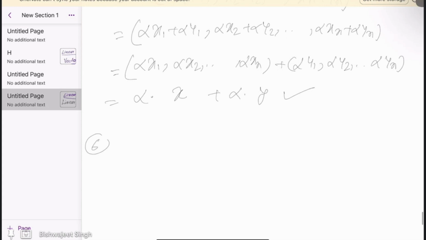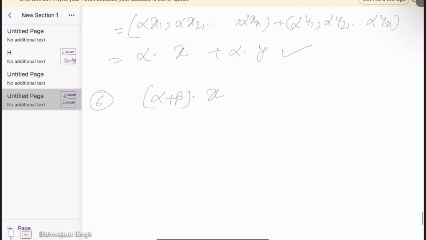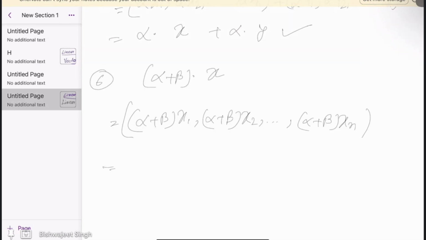Similarly, the sixth property is alpha plus beta dot x. Now what is this? This is alpha plus beta x1, alpha plus beta x2, and alpha plus beta xn. Now I can just separate it and write it in a different form.